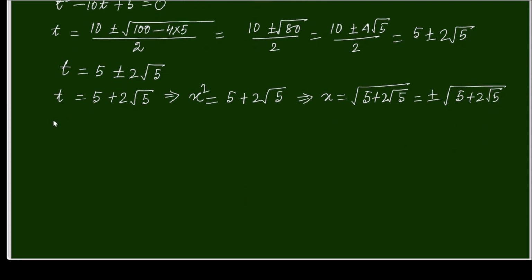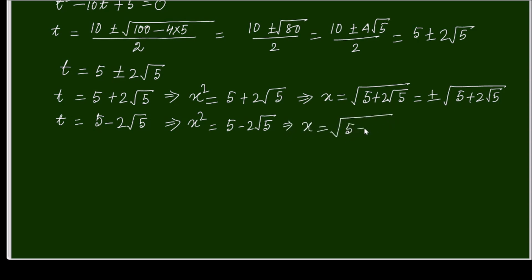Now coming to when t is 5 minus 2 root 5, the second case. In the same way, I'll write x square equals 5 minus 2 root 5. This implies that x is equal to the square root of 5 minus 2 root 5. Again, two possibilities, one positive, one negative.